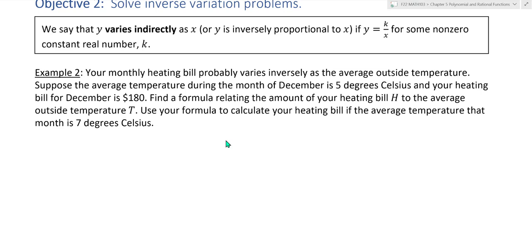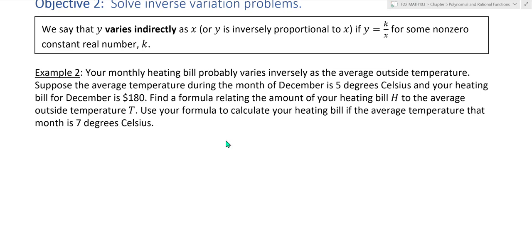Okay, so example 2. Your monthly heating bill probably varies inversely as the average outside temperature. If you think about it, as the temperature goes down, your heating bill is going to go up, and vice versa. Suppose the average temperature during the month of December is 5 degrees Celsius, and your heating bill for December is $180.